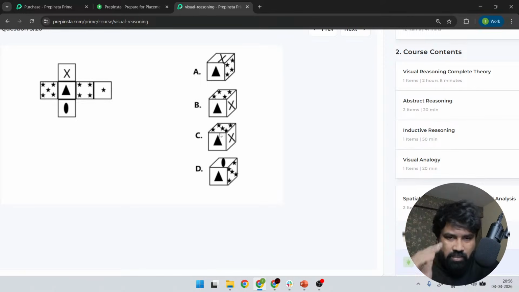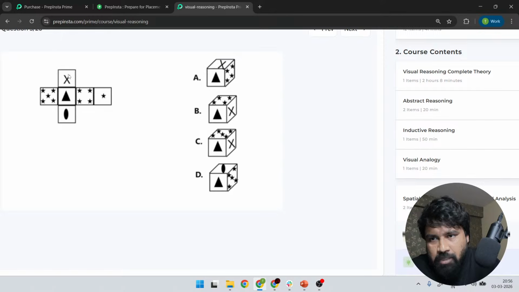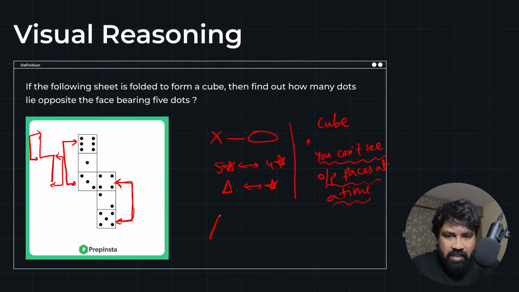See, why the figures are wrong, I will tell you immediately. I am unable to write on this, but see, here the triangle is pointing, and the top must be X, right? But the triangle pointing towards the stars is not correct. Why? Because the triangle can point in only one direction. See, for example, the triangle is there.